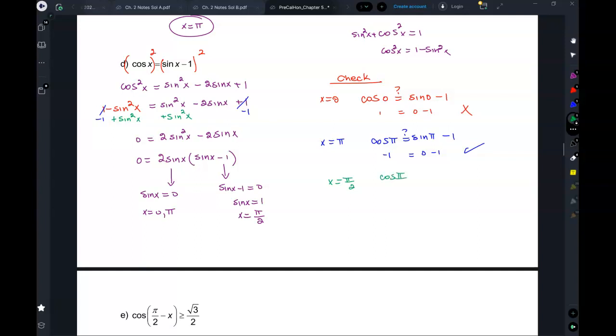Cosine of pi over 2, how much is that? 0. Sine of pi over 2, how much is that? 1. Minus 1, that works too. So x equals pi and pi over 2 are the solutions.